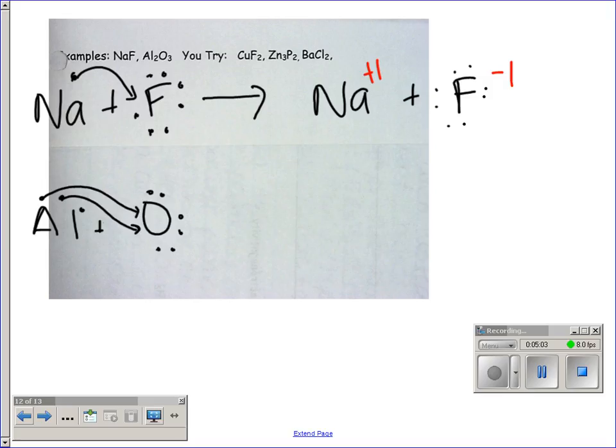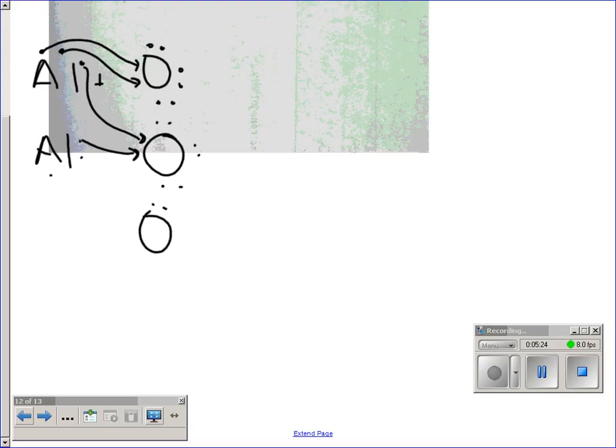Oxygen's happy, aluminum's not happy, it has an extra electron. So I need another oxygen to give this electron to. But now, that oxygen's not happy, so I need another aluminum. Okay, aluminum has 2 more to give away, so I need a third oxygen.